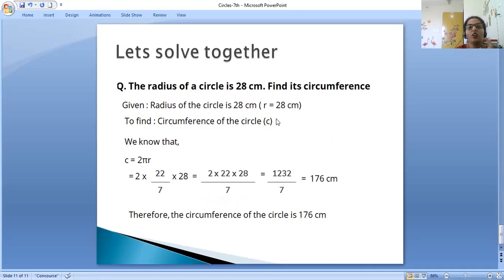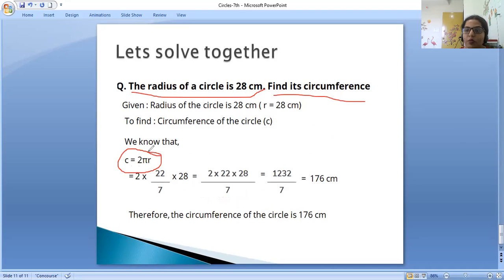Now let's solve a question together and see how to find the circumference of a circle. Suppose this is a word problem: the radius of a circle is 28 centimeter. You have to find its circumference. What was the formula of circumference? It's 2 pi r, right?